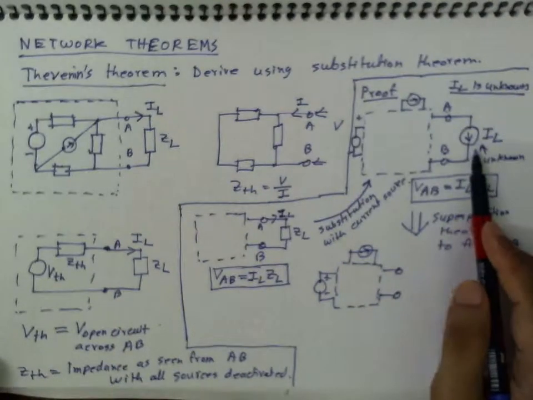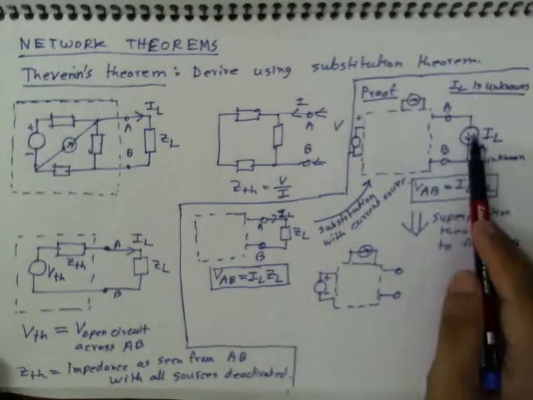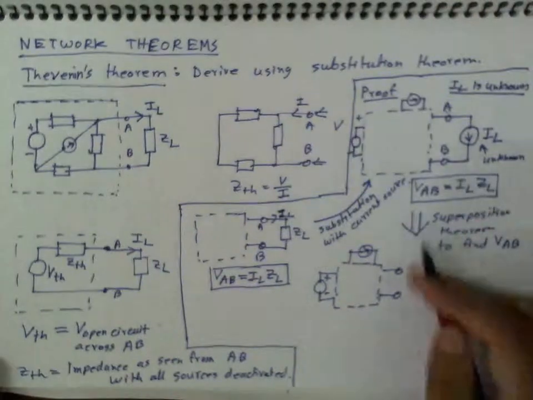So this current source is removed, and when it is removed, its internal impedance being infinite, we keep it open.